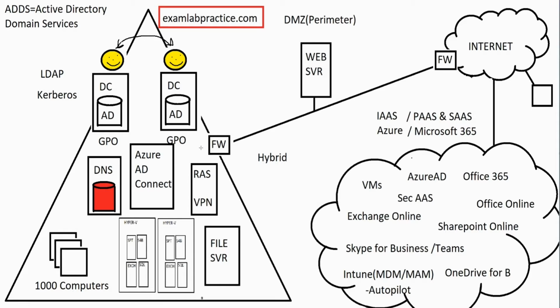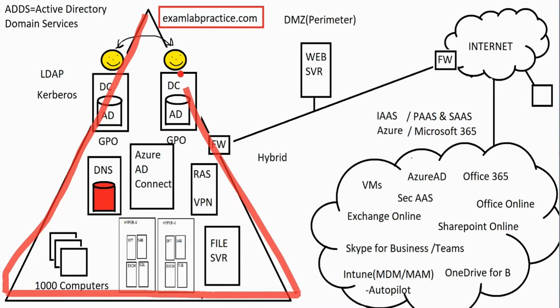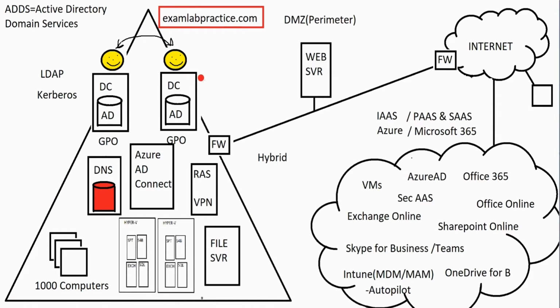So first off, you've seen this drawing before. This involves understanding the foundations of your on-premise Active Directory. For the last 20 some odd years, we have had this triangle here, which is our actual on-premise ADDS. What is ADDS? That is Active Directory Domain Services, right?